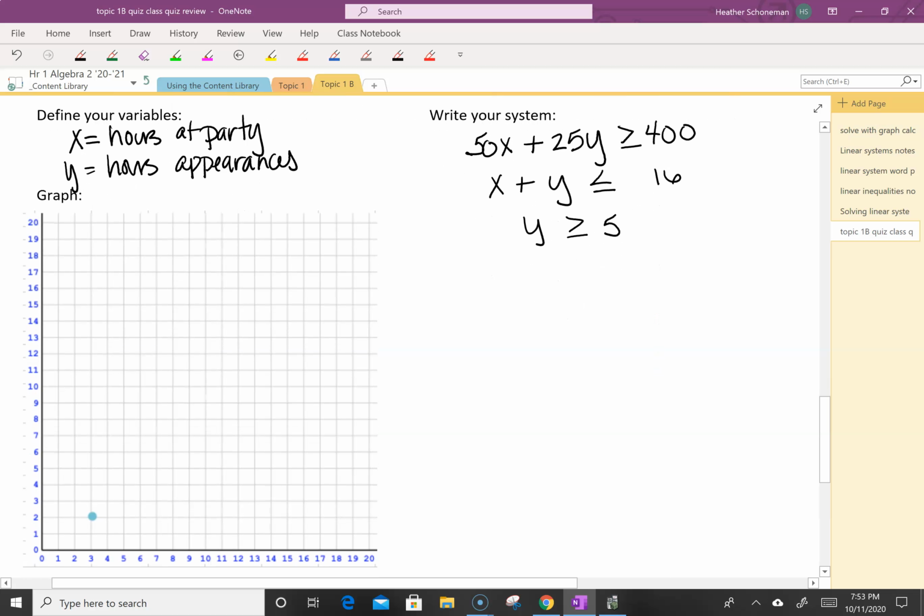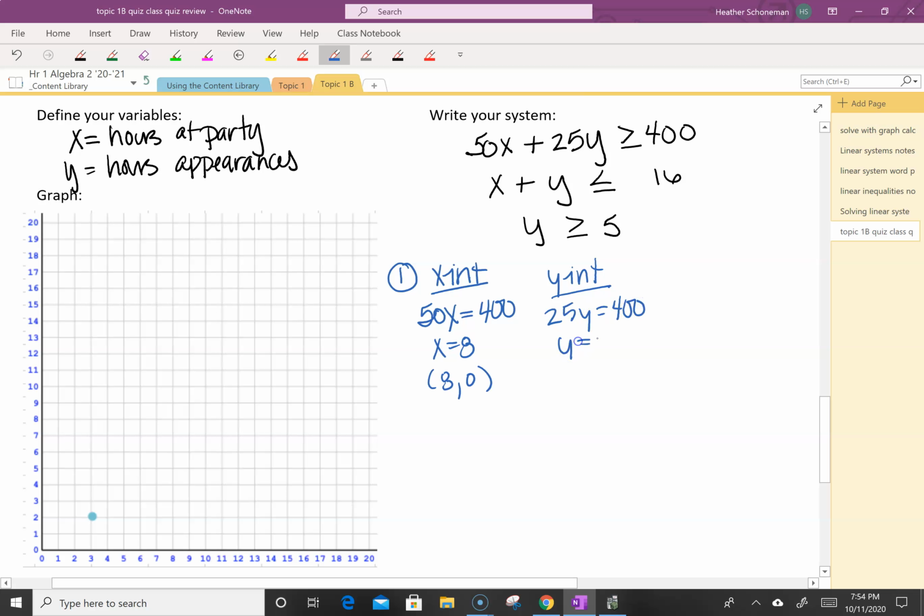All right, now that we have our facts, let's see if we can graph it. Equation 1 is in standard form, so I need to find my x-intercept. That is when y goes away, so I have 50x equals 400. X is going to equal 8, so it's going to be (8, 0). My y-intercept is when x goes away, so I have 25y equals 400.